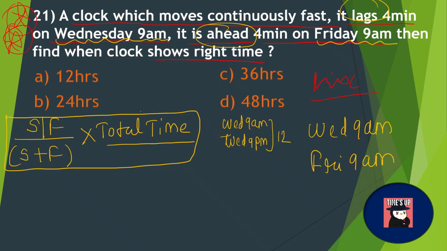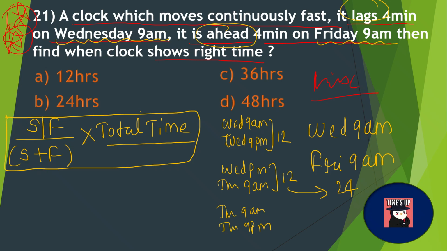Correct? Then from Wednesday 9 p.m. to Thursday 9 a.m. it will be again 12 hours. So total how many hours now? 24 hours you got. Correct? Next, from Thursday 9 a.m. to Thursday 9 p.m. you will again have 12 hours.